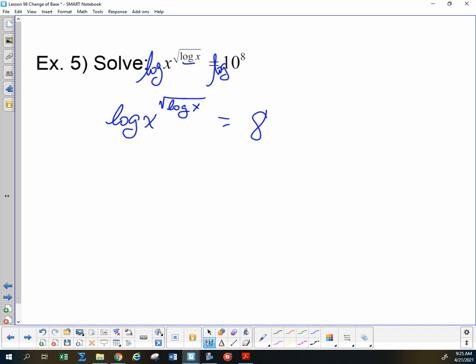Now I have log of something to an exponent, so I am going to bring that exponent out in front. So now I have the square root of the log of x times the log of x equals 8. Same substitution as before.